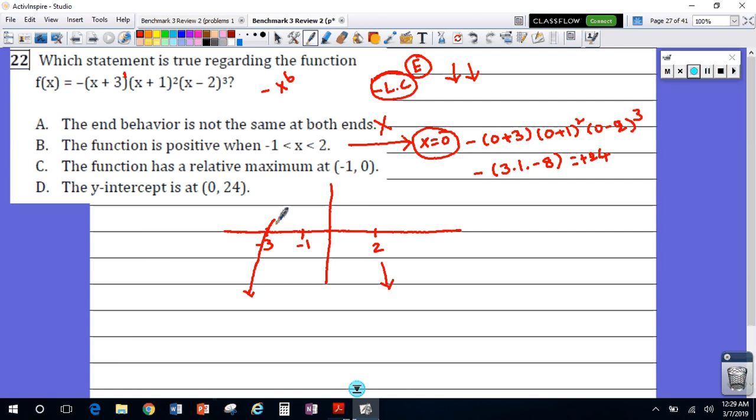And next you have square, so it is flat at negative 1. And the next one is cube, so it goes up from here and flat at 2 and comes down. So the function has a relative maximum at negative 1, 0.